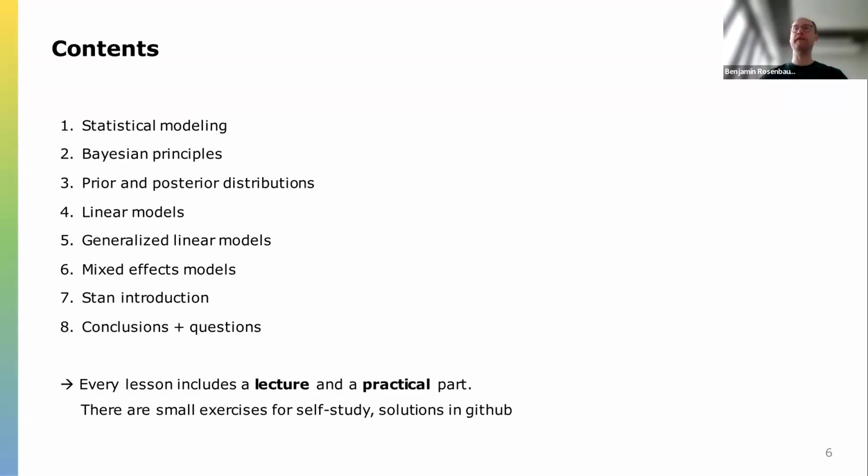Although brms is quite versatile and you can fit a lot of different models with it, maybe at some times either your model or your data set is too complex to analyze it with brms. In this case, you have to rely on coding the statistical model yourself. And here we will use Stan.